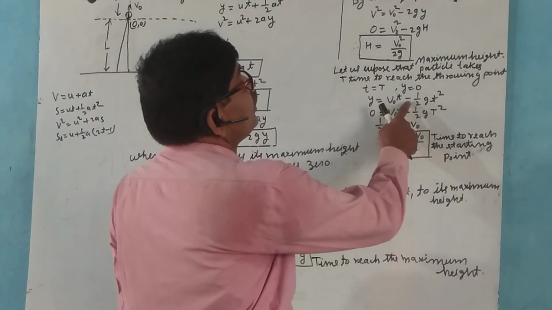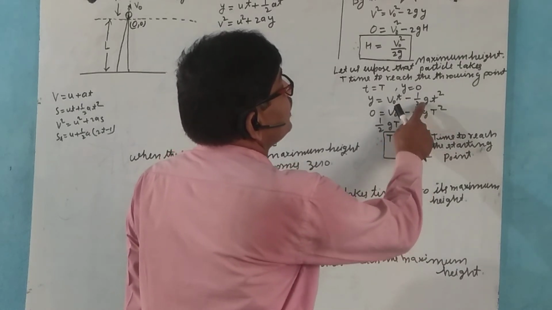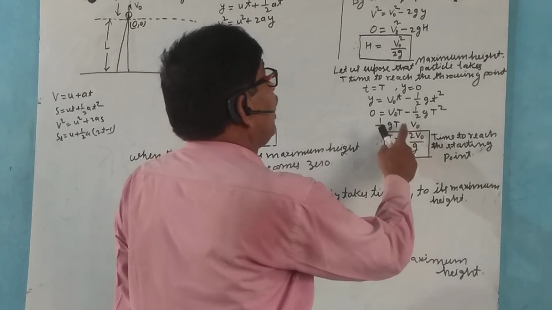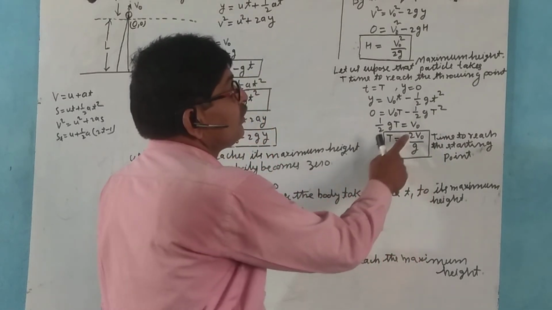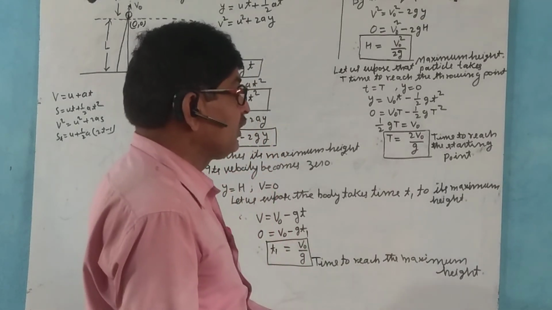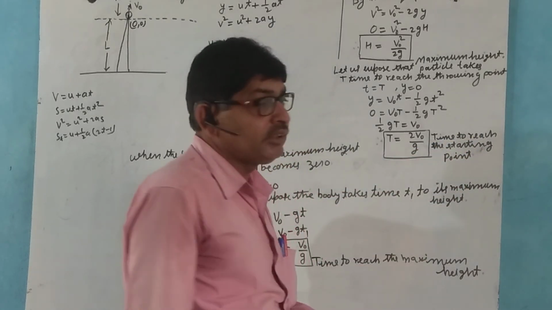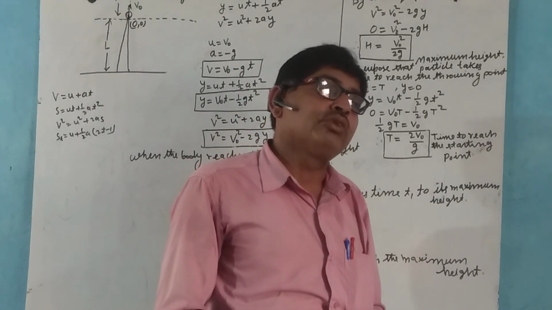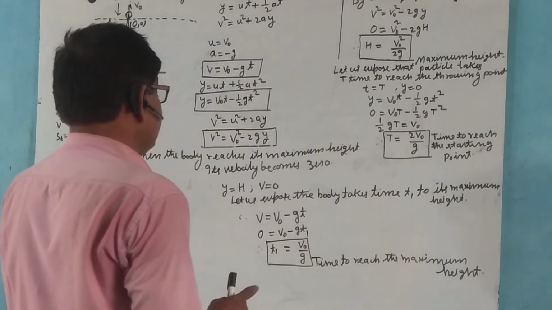Y is equal to V0 T minus half G T square, with small t replaced by capital T. Here half G T is equal to V0 because one T cancels, so that T is equal to 2 V0 by G. Here V0 is the initial velocity of the particle, divided by G, the time to reach the starting point, because the particle thrown from the point comes back to the initial point after reaching the maximum height.